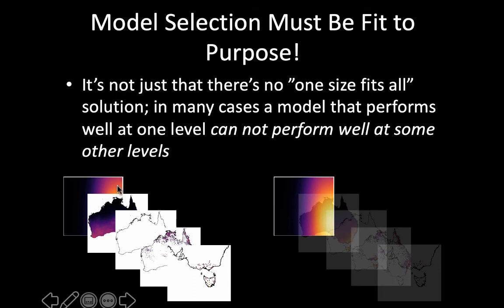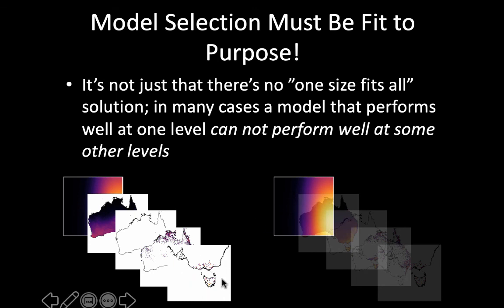Whereas if you're wanting a model that just predicts where your species will be found next in a given more data collection like you've already done, you might want something that's just prediction focused. But it's worth noting, it's not just that a model doing this well is no guarantee that it'll do that well. It's that a model that does this well almost always cannot do that well because of how it's designed.